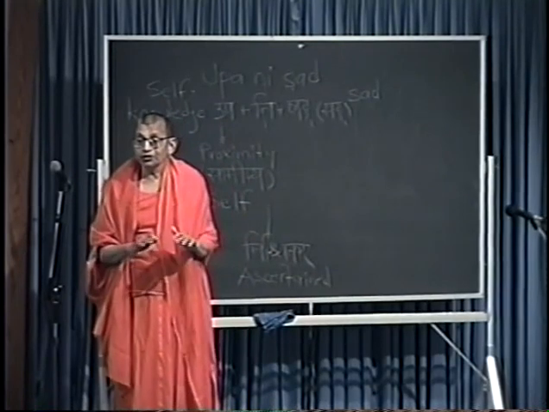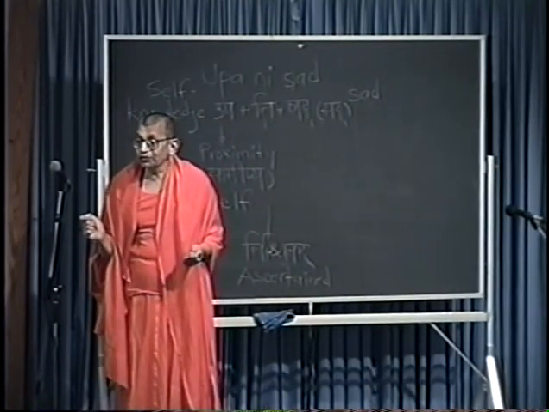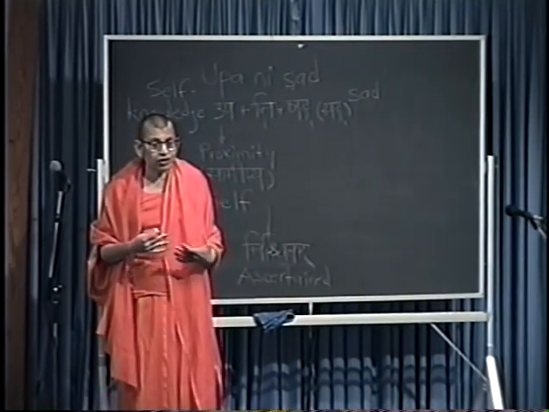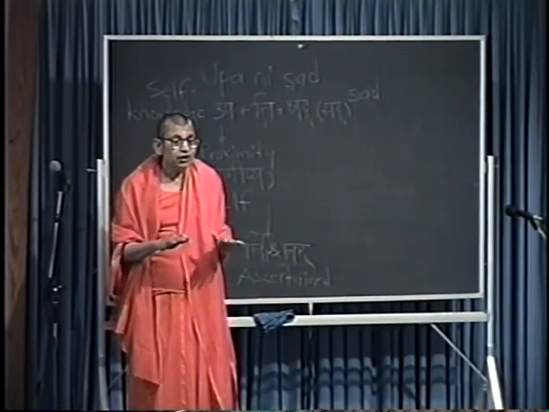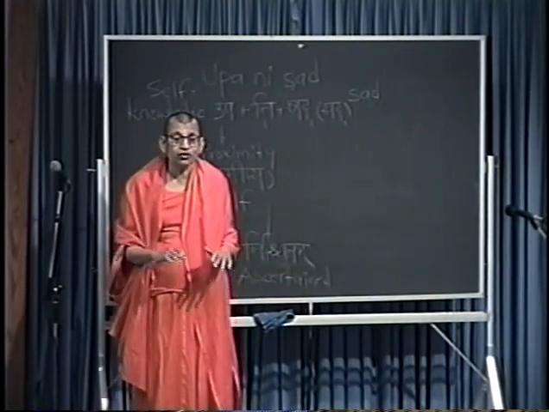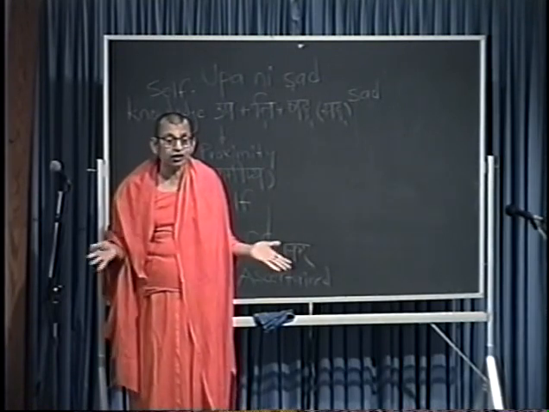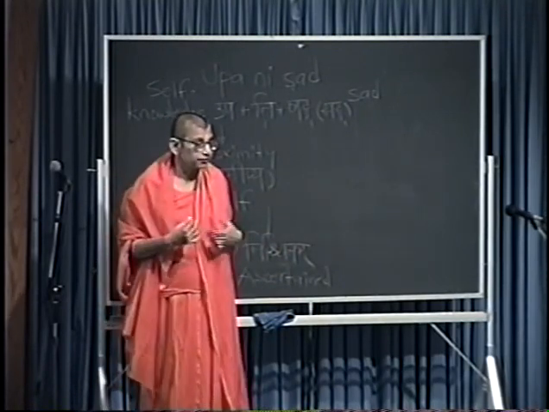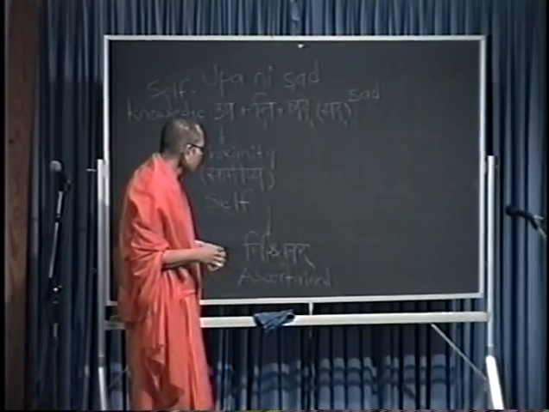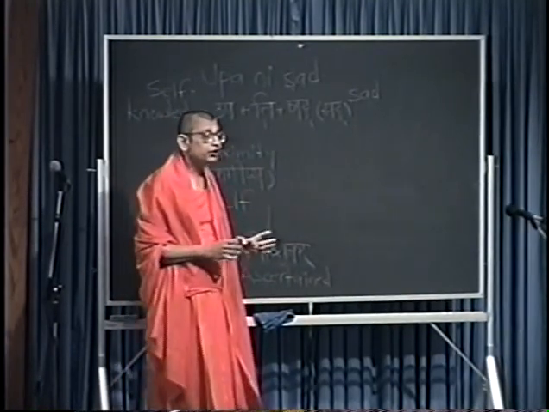Nishchitam jnanam, very firm knowledge of myself. Meaning knowledge that does not suffer from any vagueness or lack of clarity, and a knowledge which is not subject to change. It is decided knowledge. This is what Upanishad means.